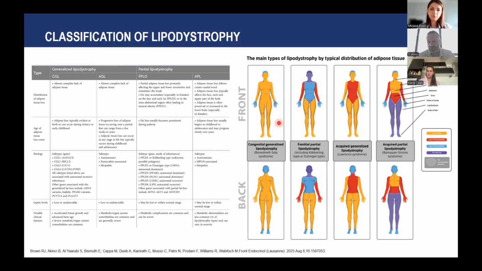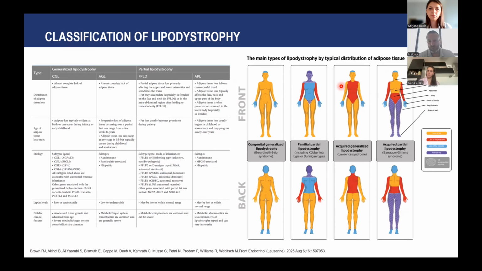The same is mostly true for the acquired generalized lipodystrophy version, but in this one, you don't have a genetic mutation. These people are born with normal fat tissue, but at some point in their life, they start losing fat. For some of them, we can understand the cause.